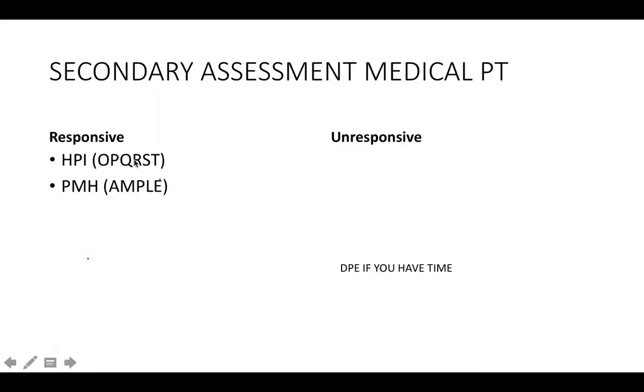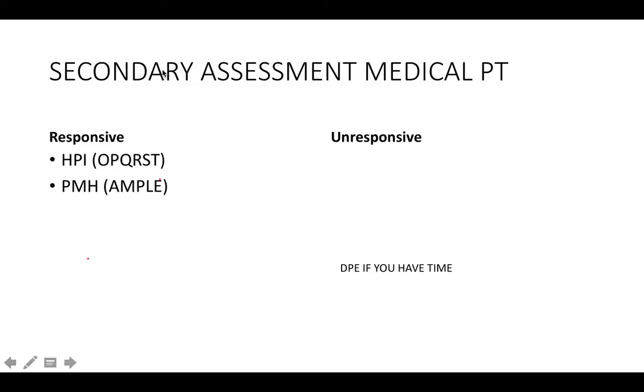There's really no need to redo the signs and symptoms of your patient because they just described that to you using OPQRST. It won't hurt if you ask your patient again about their signs and symptoms, but the signs and symptoms of SAMPLE is exactly the same thing as the OPQRST.